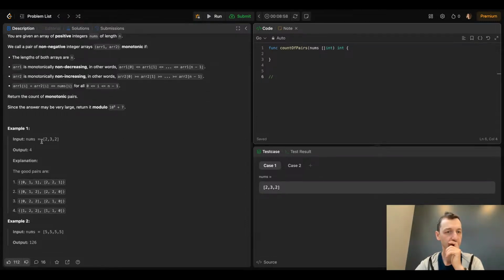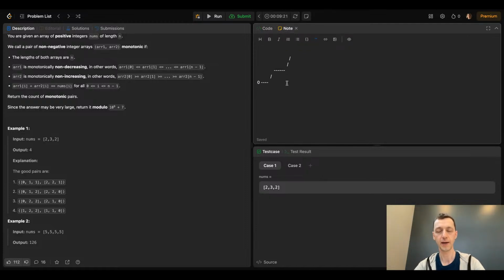Okay, so for this one, we could get it if we have 0 plus 2, 1 plus 2, and 1 plus 1. This one is non-decreasing, and this one is non-increasing. So one is non-decreasing, and the other is non-increasing.